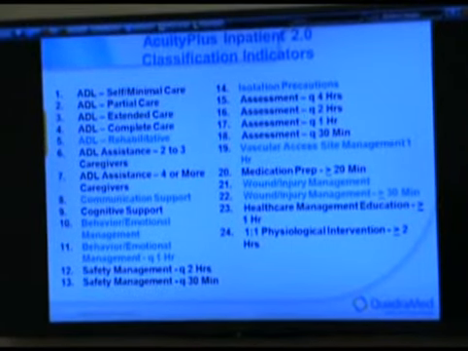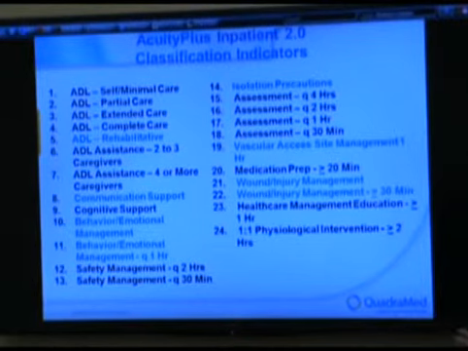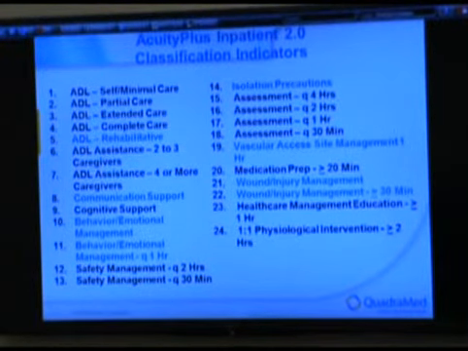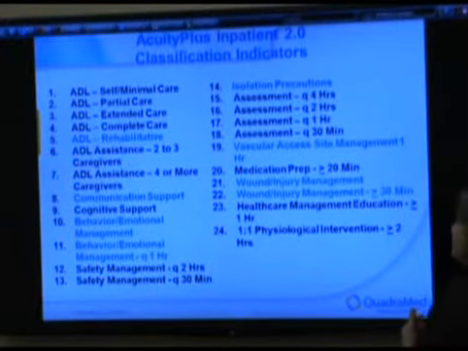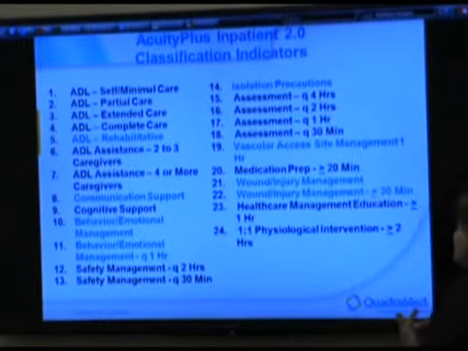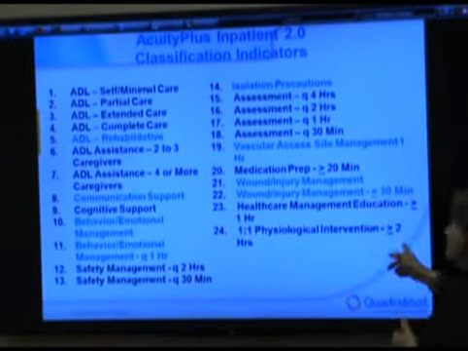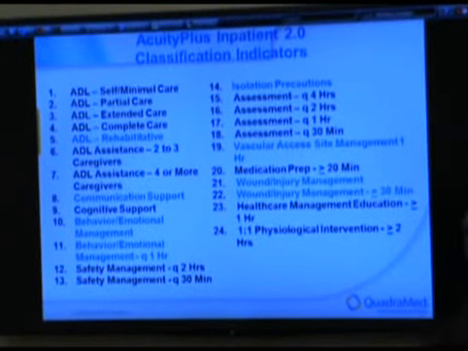So you have 4 ADL indicators, 1 ADL rehabilitative, 2 ADL assistance, communication support, cognitive, 2 behavioral, 2 safety, isolation, 4 assessment indicators based on frequency, vascular access site Q1 hour, med prep greater than 20 minutes, wound management, we have 2 of those, healthcare management education, and one-to-one physiological intervention greater than 2 hours. So those are the 24 indicators that you'll have.